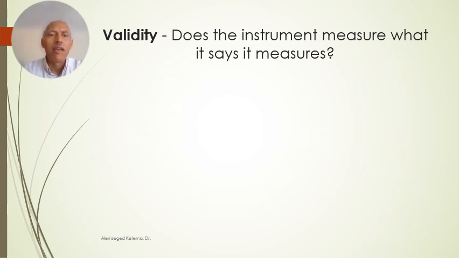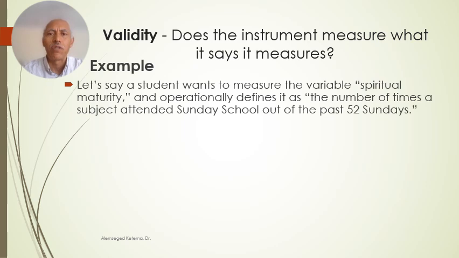So what do we mean by validity? It means: does the instrument measure what it says it is going to measure? Does the instrument that you have measure what you intend for it to measure? That's validity. Let me give an example with a construct.